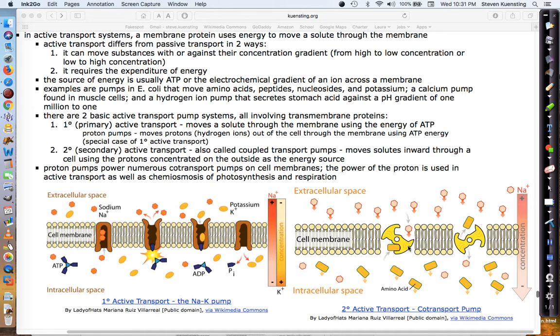This pump will only work if it can actually grab both a sodium and an amino acid at the same time and move them through the membrane. If the sodium runs out here, it can't do anything with the amino acids. So it's not using ATP, but the catch is that the sodiums were pumped out here using ATP. So this is why this is called a secondary pump. It doesn't primarily use ATP, it uses ATP energy secondarily.